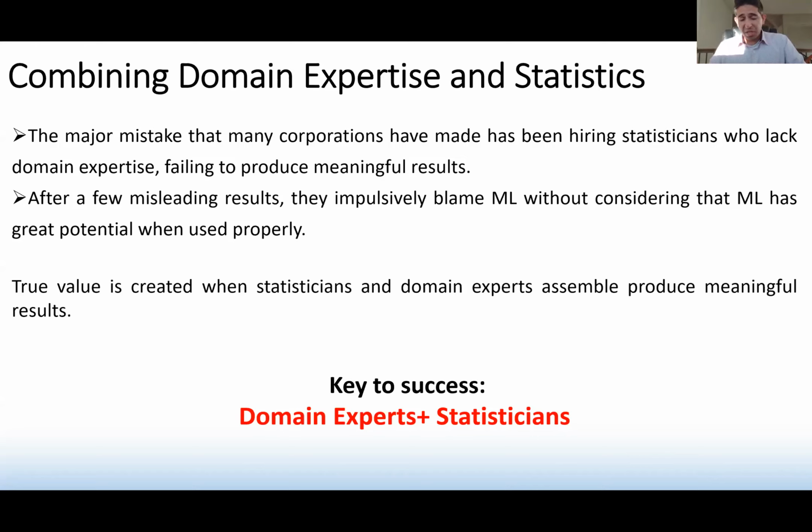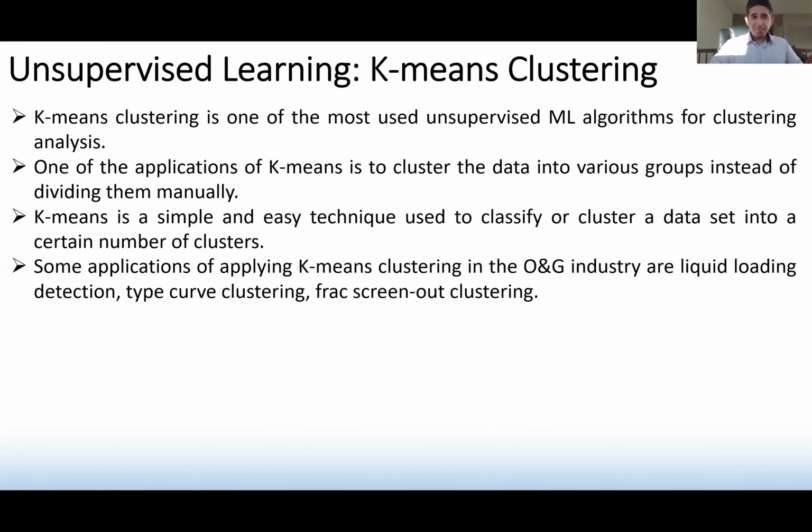Do not hire somebody with a lot of statistical background and no domain expertise. If you want to do that, it's completely fine. Just make sure you put them together. You get the domain experts in that field, and you combine them with somebody with a very strong statistical and mathematical background. And that's the key to really developing a successful machine learning model. So I can't really emphasize that enough. It's very, very important to truly combine these two people together to add value, okay?